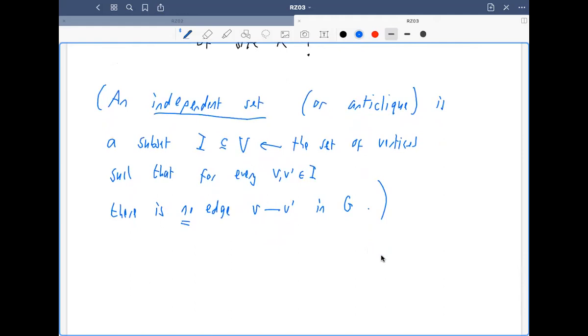And a clique, the opposite of this, is a subset K, capital K, such that for every pair of vertices in the set, there is an edge between the vertices.